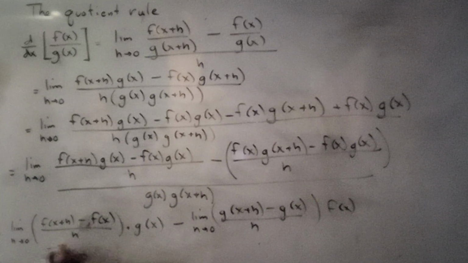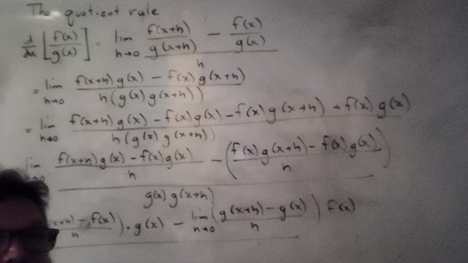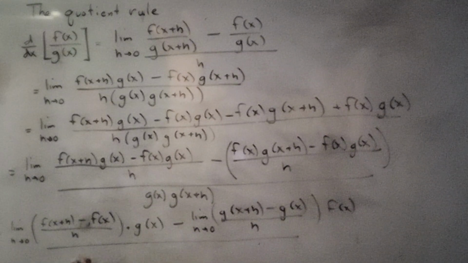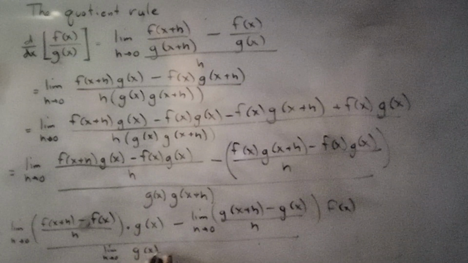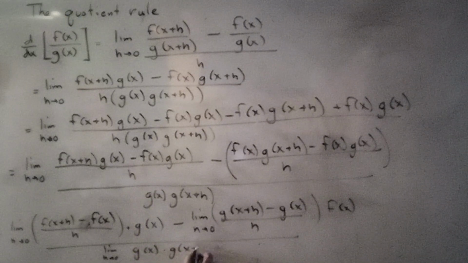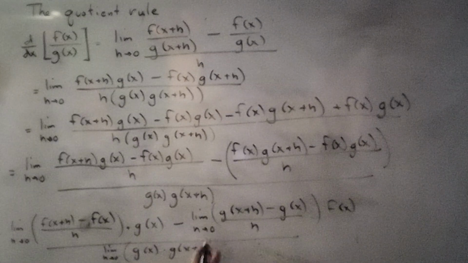And then this is all going to be divided by the limit as h goes to 0 of g of x times g of x plus h. The limit of both of those.